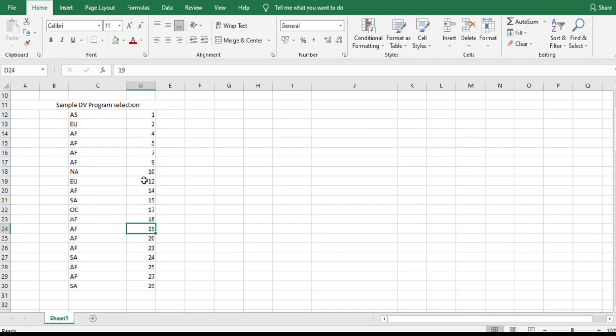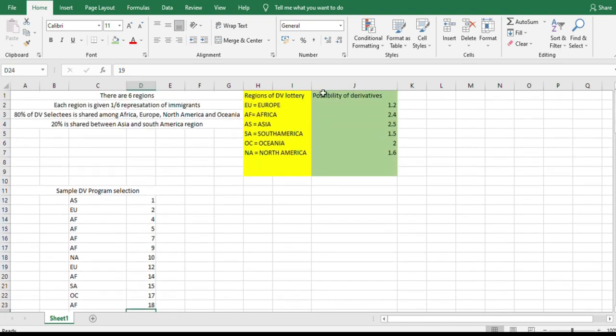So what they usually do is that they have given every region a certain possibility number or probability number of the selectees having a family. Let's return up here. Like for example, we have the possibility of derivatives. So for example, for Europe, based on former DV lottery programs, maybe they would have realized that the probability of a selectee having a family is 1.2.